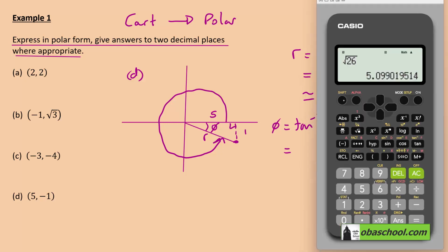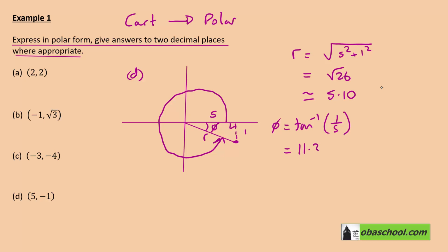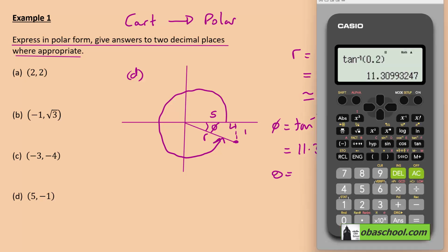So it is going to be the inverse tan of 0.2, which is 11.31 degrees. Then the angle we want is going to be 360, take away that angle. So 348.69.